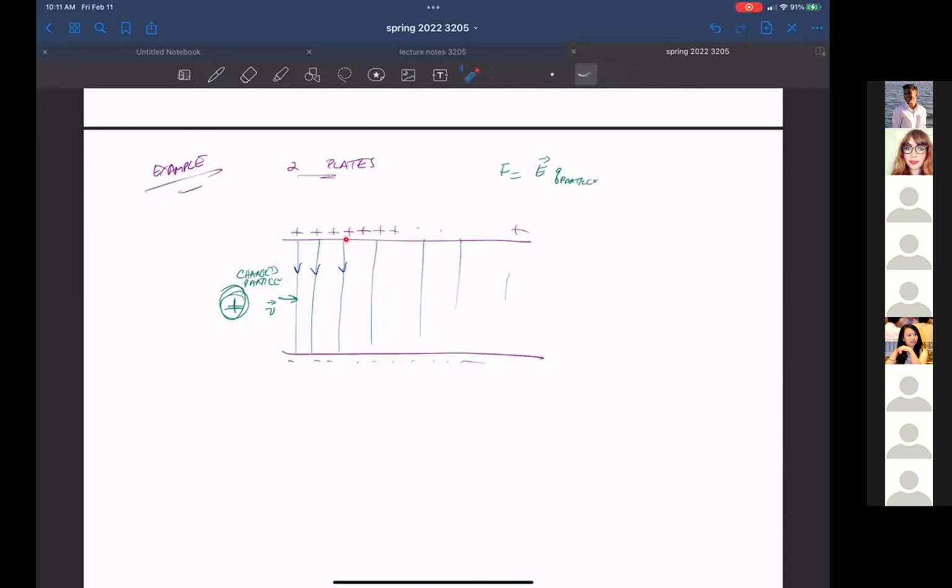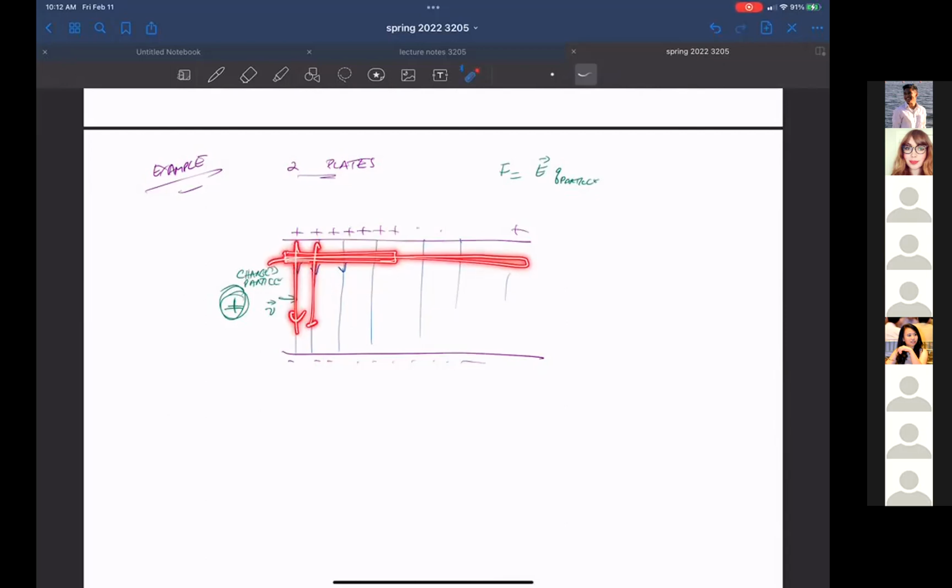Okay, so now if you have a situation like this with a positive plate and a minus plate, this electric field line is going to be constant here, right? I guess I didn't draw it that carefully, but there's no reason the density of the lines would change.